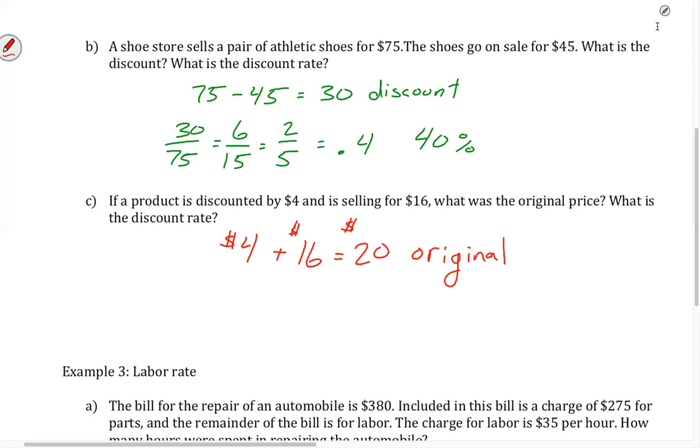It says, what is the discount rate? Well, the discount rate would be 4 over 20. Now, why is it 4 over 20? Because it's the original cost that I have to take into account here, not the sale price. So 4 divided by 20 is 1/5, and that's 20%.